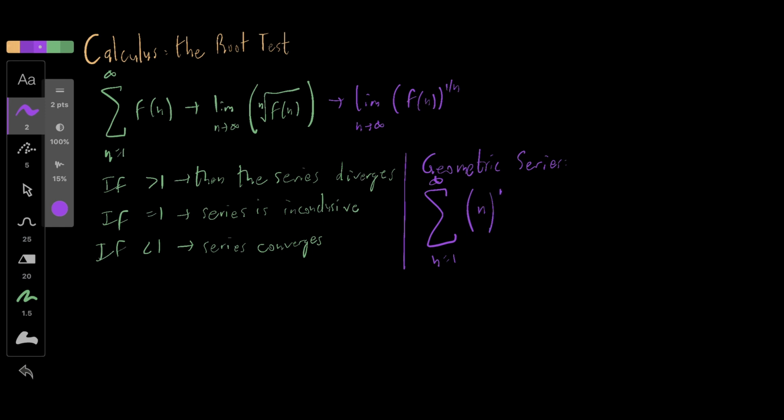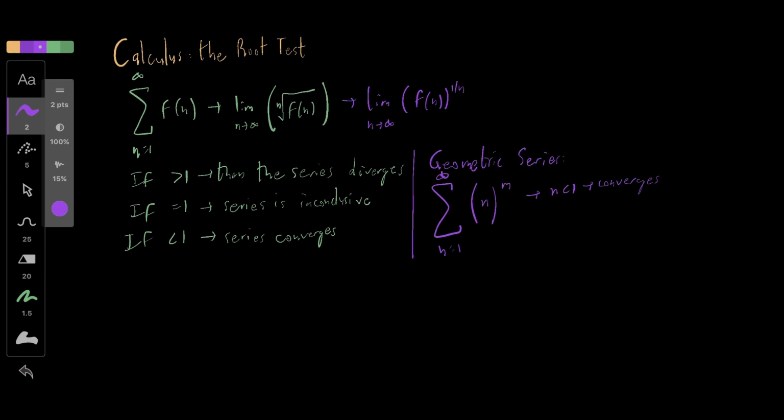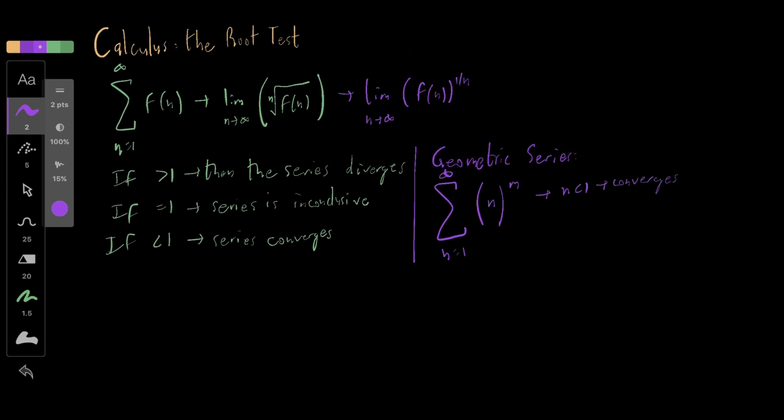And if m is less than 1, it converges. And also, if it's equal to 1, the test is inconclusive, but most of the time it will diverge. I'm pretty sure there are some exceptions, but feel free to say in the comments if I'm wrong.